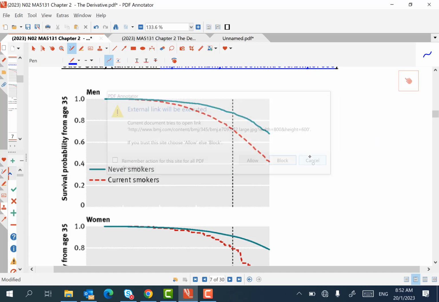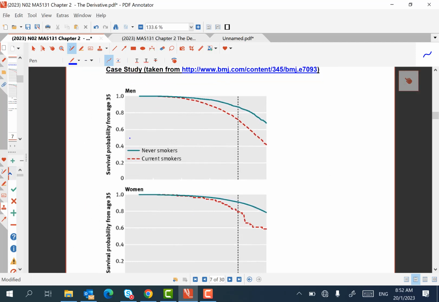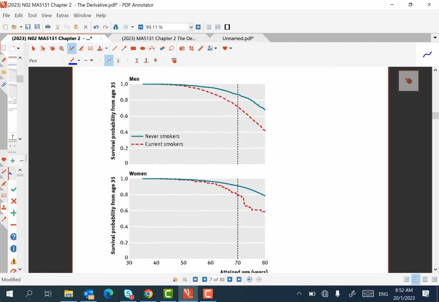What it says here is if you don't smoke, when you're 70 years old, your probability of survival is near to 0.9. But if you smoke, your survival probability dwindles down to maybe 0.7, which is not good. So it means if you're a smoker, you have a lesser chance of living past 70 than a non-smoker.